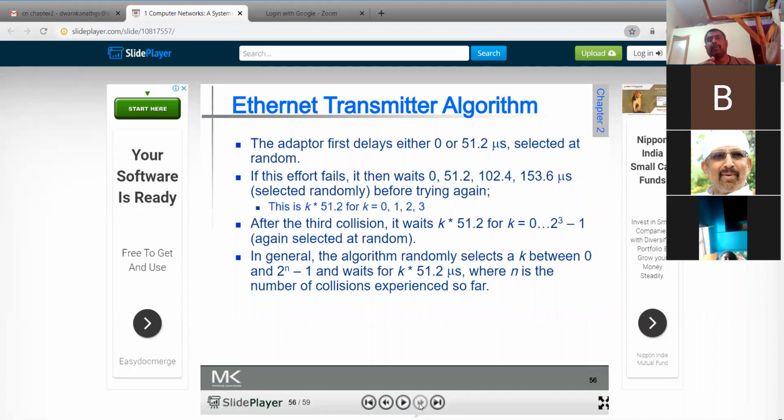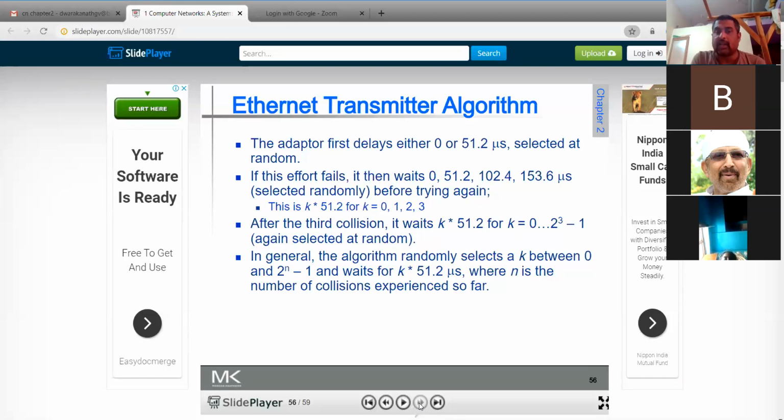K will be taken from 0 to 2 to the power of 3 minus 1, where 3 is the third collision, that is N number of collisions. 2 to the power of 3 means 2, 4, 8. So 8 minus 1, that is 7. So K will be taken from 0 to 7, and then it will multiply by 51.2. That particular time, it will wait.